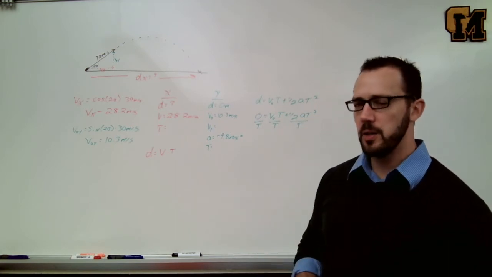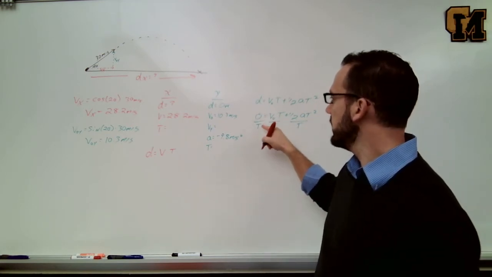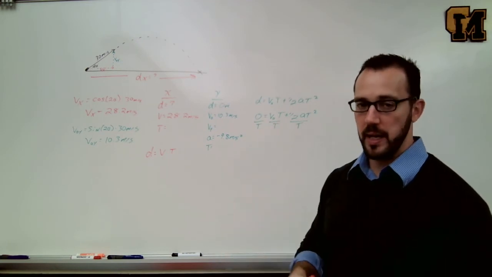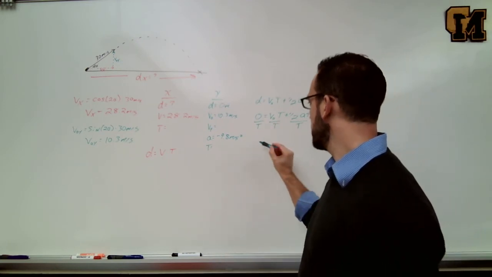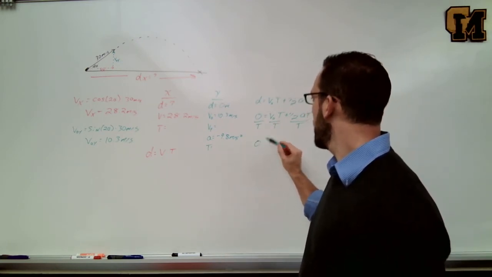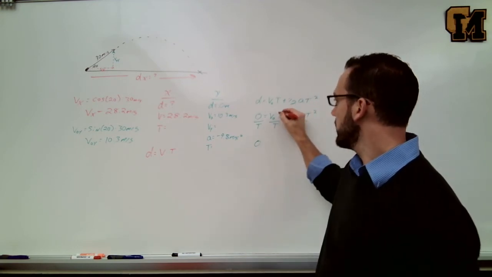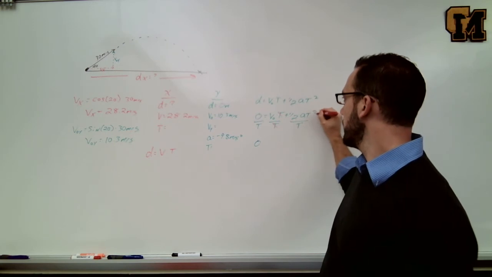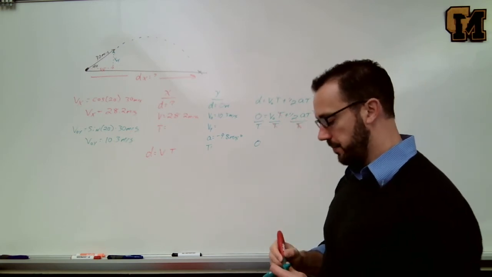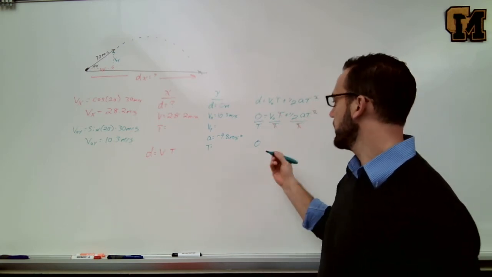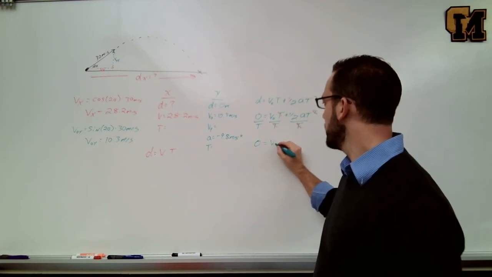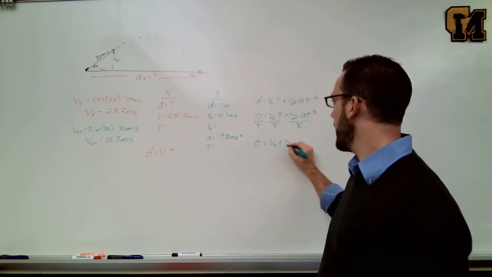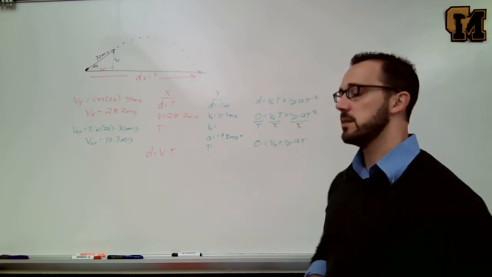I'm going to use the red just to show what cancels. 0 divided by t just remains 0. So that stays the same. The v naught t, the t's are going to cancel. And the t squared divided by t is going to cancel the squared. So that's going to make my equation 0 equals v naught plus 1/2 a t.